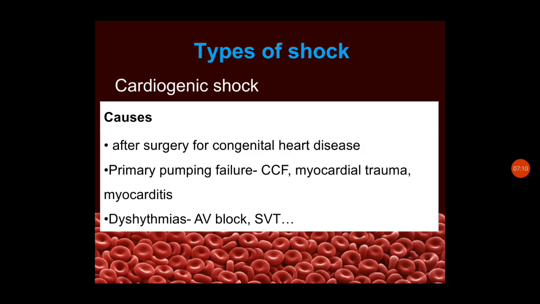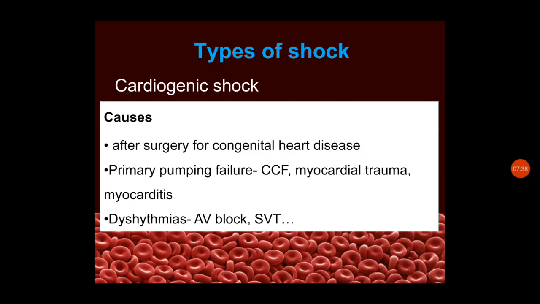The third type of shock is cardiogenic shock. In the term itself it is very clear, something related to the heart. The causes, especially in children, are after surgery for congenital heart disease, when the child may get cardiogenic shock. Also primary pumping failure like congestive cardiac failure, myocardial trauma, and myocarditis.